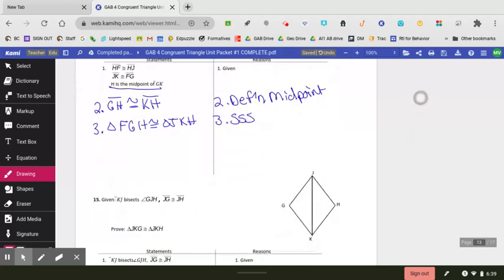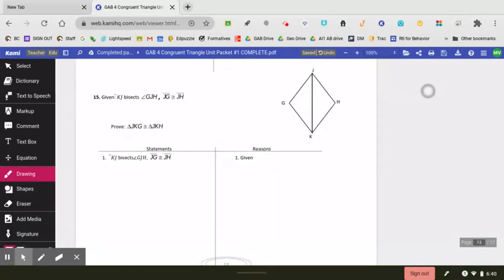Number 15. We know that KJ bisects GJH. So KJ bisects angle GJH, which means the angle GJK is congruent, forgot my angle symbol, to angle HJK.